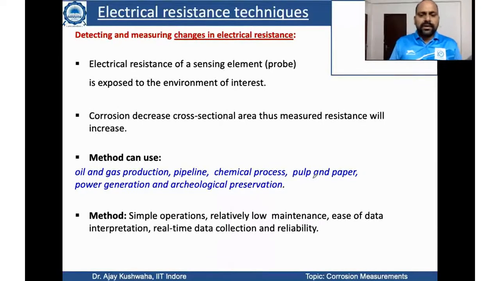This method is quite simple because we just have to measure the electrical resistance, so maintenance is relatively easy. Also, we can easily interpret the data because just a simple IV profile is there, and we can get real-time data. So even if we are interested in investigating the reliability of a product or a structure, of course we can deploy this technique.